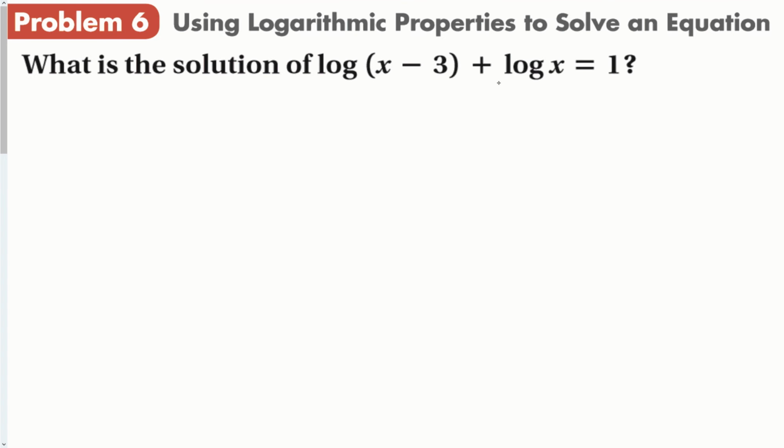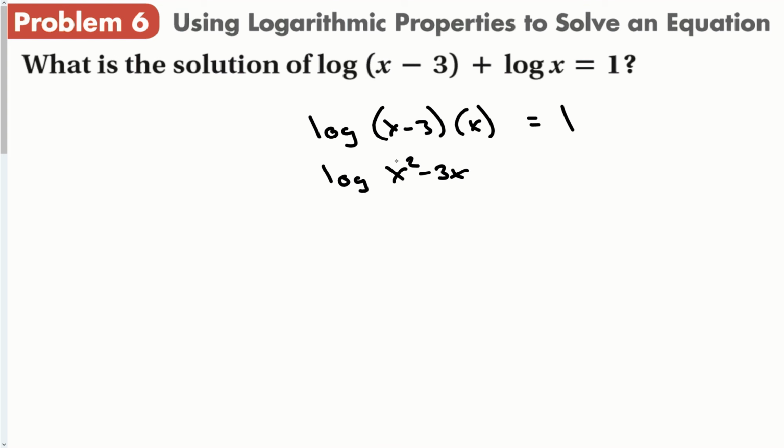I see a plus. That means that these two logarithms combine with multiplication. And so this turns into the log of x squared minus 3x is equal to 1.